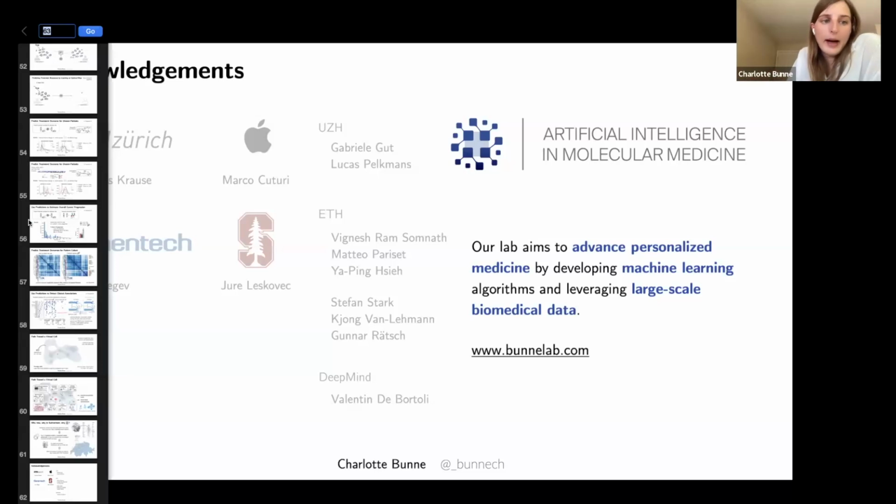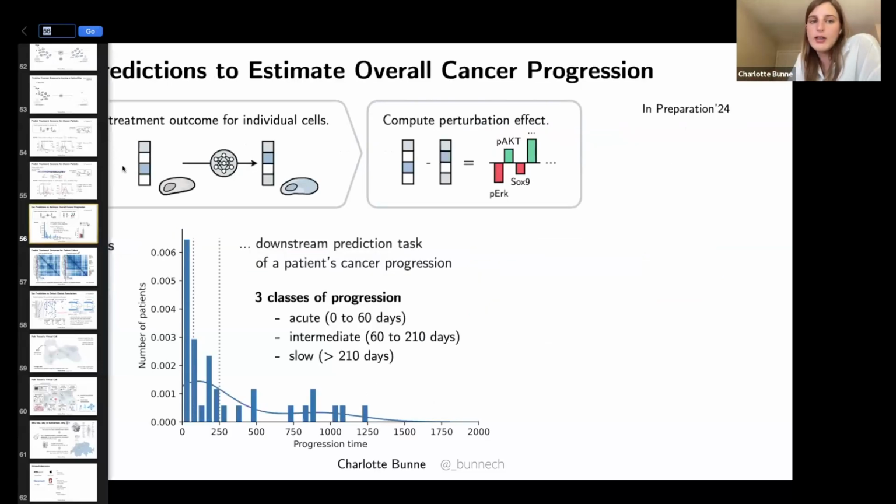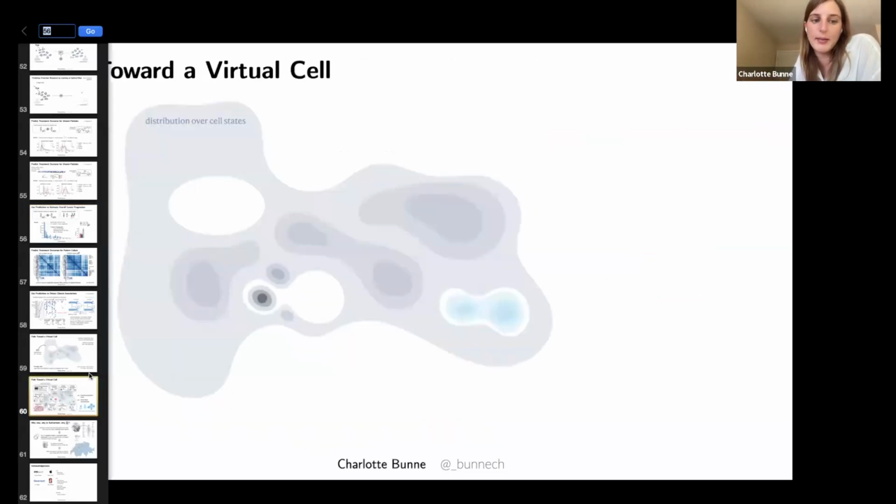So I always make forecasts on the heterogeneous population that contains multiple cell types. Though, if you give me a new cell type in a new tissue and apply the same model, there's no guarantee that this generalizes. This is something we are currently studying in the context of this universal perturbation model.